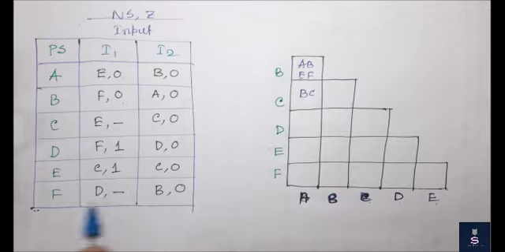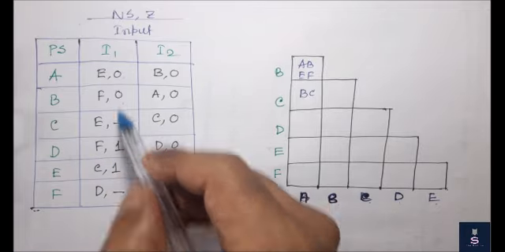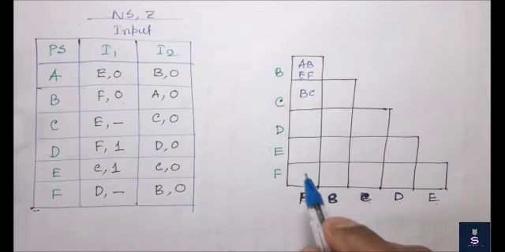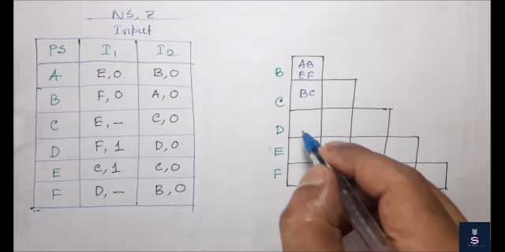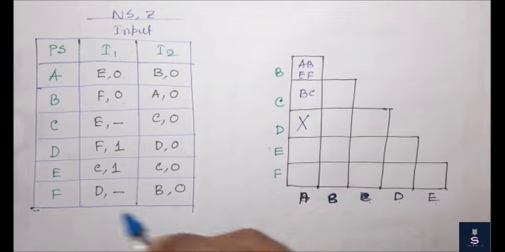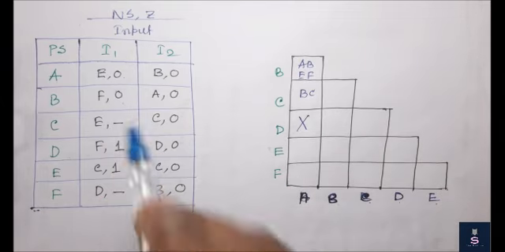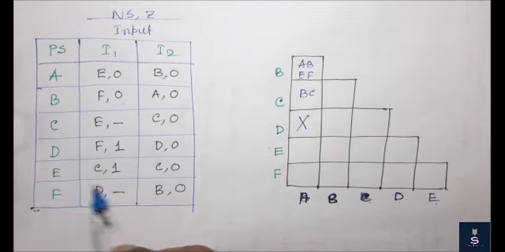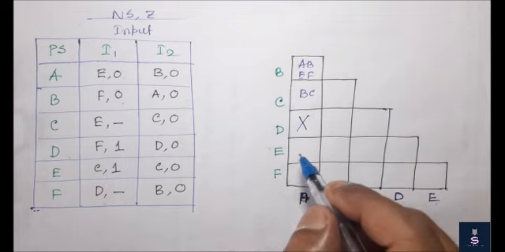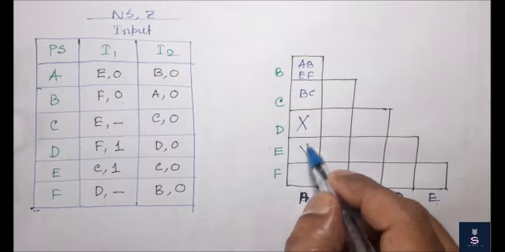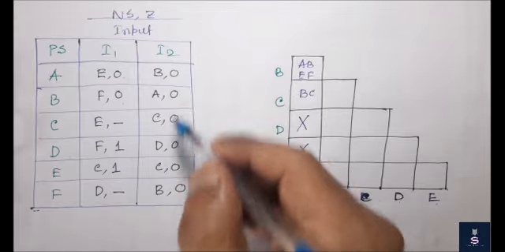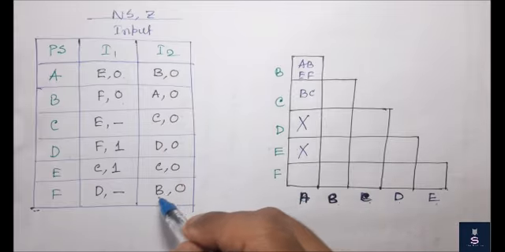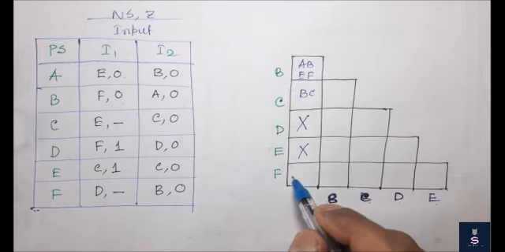Now consider AD. AD is 0 1, output conflict, so let me cross here. AE is 1 0, again cross here. And AF: 0 don't care, 0 0, so there is an implied pair, BB and DE, so only DE.